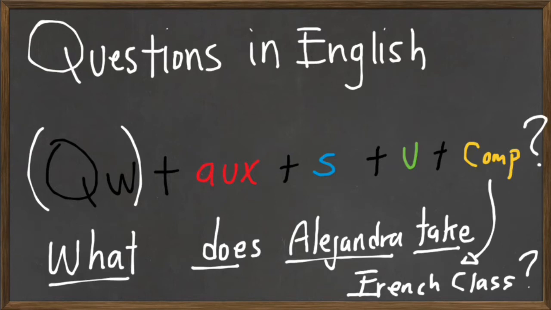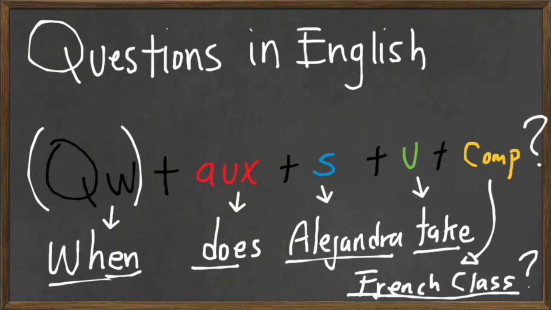Oh, there's a mistake here. I'm really sorry. Let's change this. Instead of what, this would be when, because we want to know the time. So the result is, when does Alejandra take French class? And you can see we have question word, auxiliary, subject, verb, and complement.